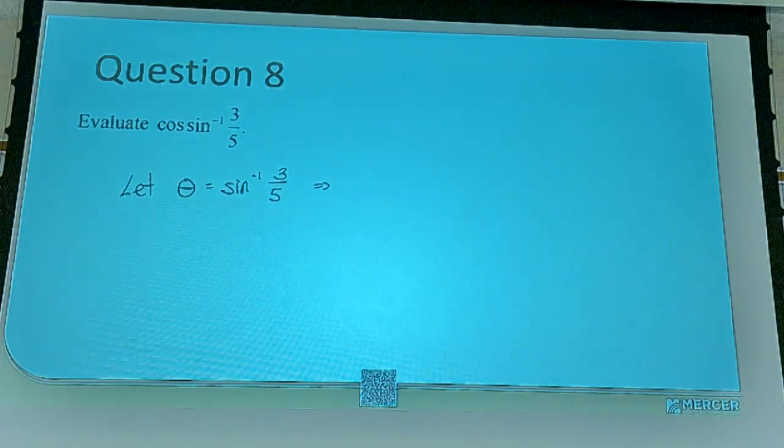Range of inverse sine. Negative pi over 2 to pi over 2.